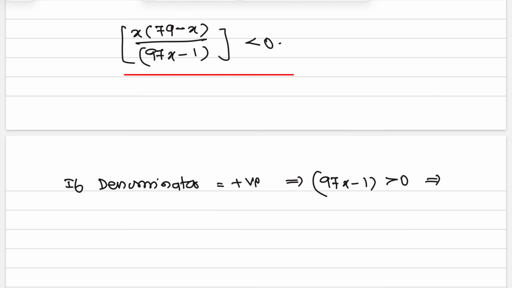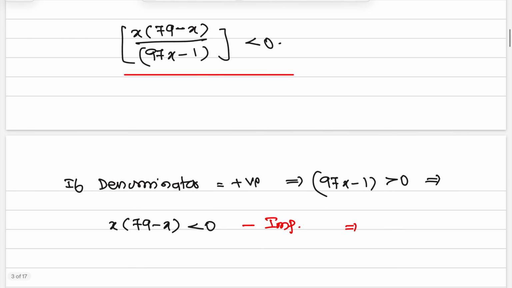If the denominator is positive, 97x minus 1 is greater than 0, that implies x into (79 minus x) is less than 0. This is another important concept. As long as the denominator is positive, the numerator does not change its sign and the inequality remains standstill. The inequality stands good.